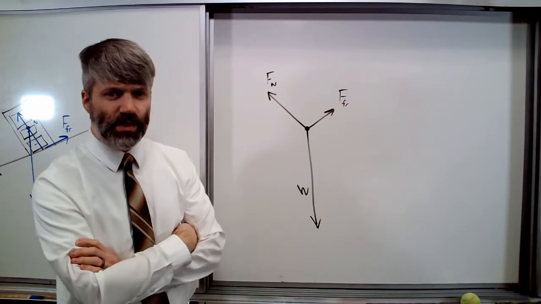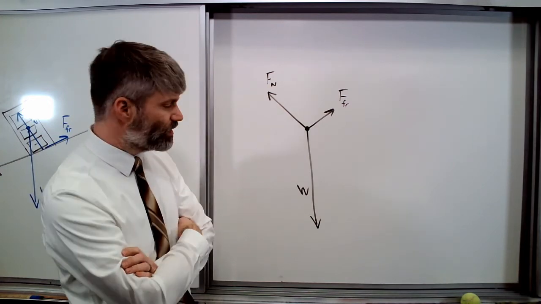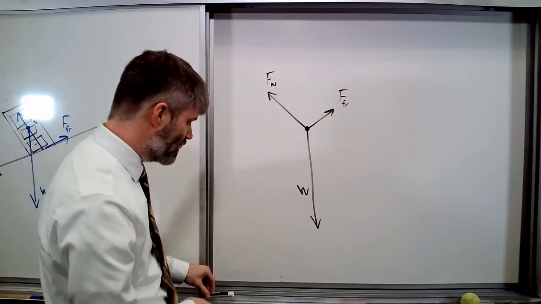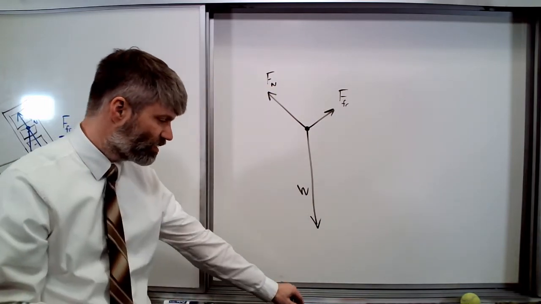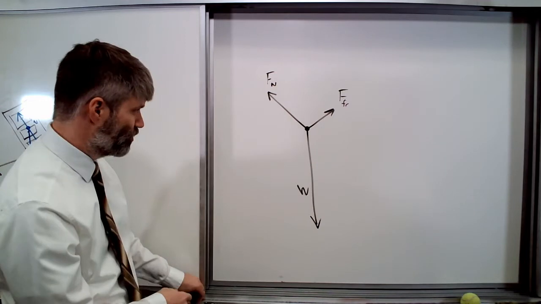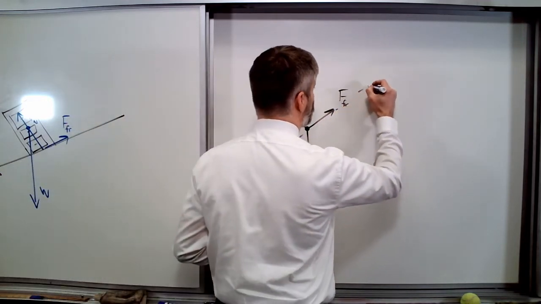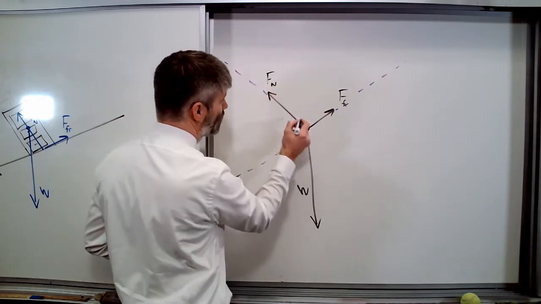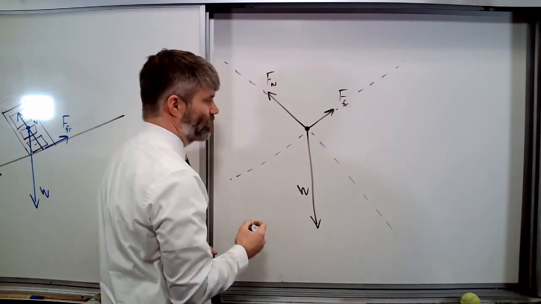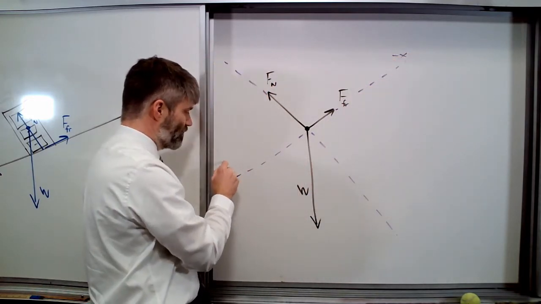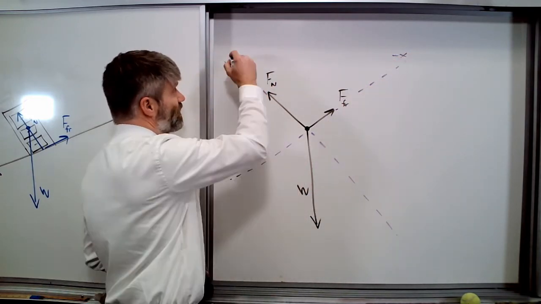And one thing we need to see now is, how does it compare to the x component of the weight? Well, we'll see. Let's put my axis on here first. Okay. I'm still going with the negative x direction being up the incline and the positive x down.